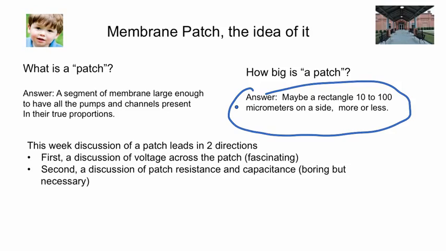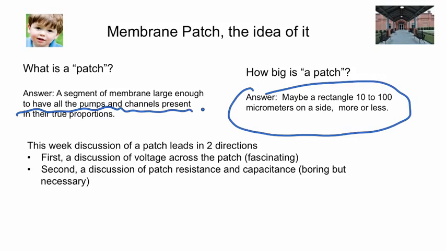It's not very well defined, but the idea is that it's a segment of membrane that's large enough to have all the pumps and all the channels present in their true proportion.